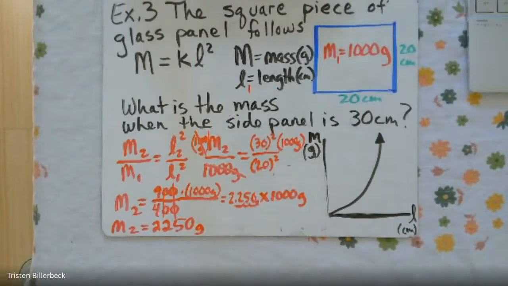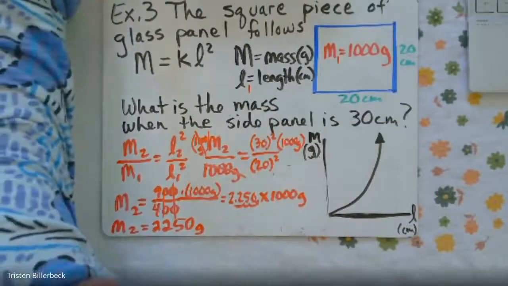However, there is a problem. Yes, I am going to be a math curmudgeon. We have a problem. Your author said this is a direct proportion, and I do not agree. Why would I not agree with your author that this is a direct proportion? Anybody see the problem with the graph?